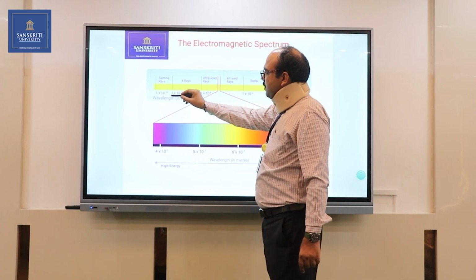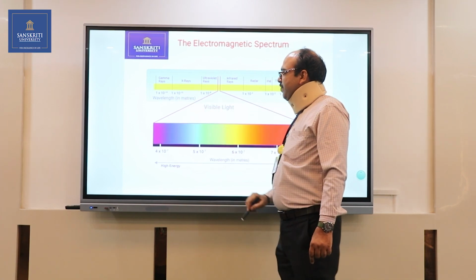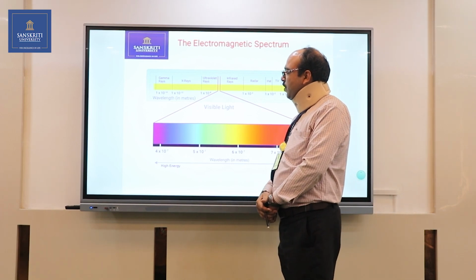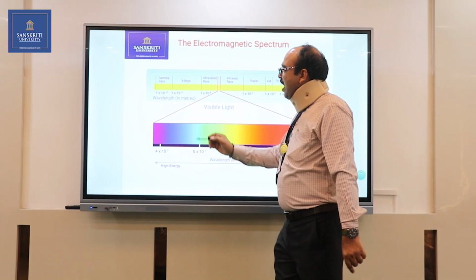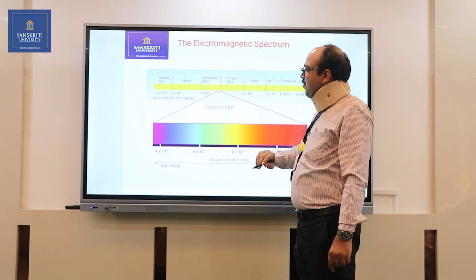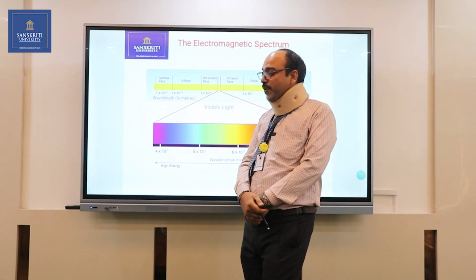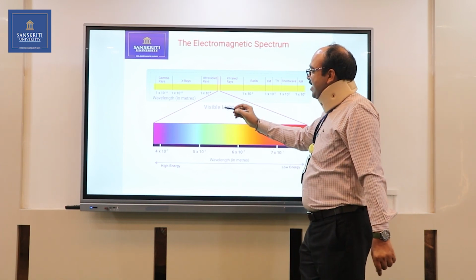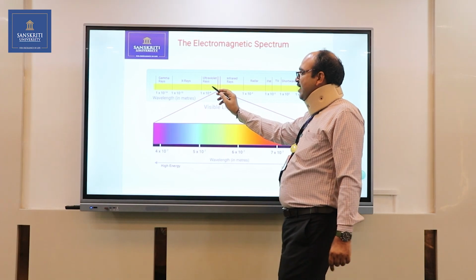Gamma rays have a wavelength in meters from 1 into 10 to the power minus 14 to 1 into 10 to the power minus 12. After that there are the X-rays, with a range of 1 into 10 to the power minus 12 meters to 1 into 10 to the power minus 8 meters.